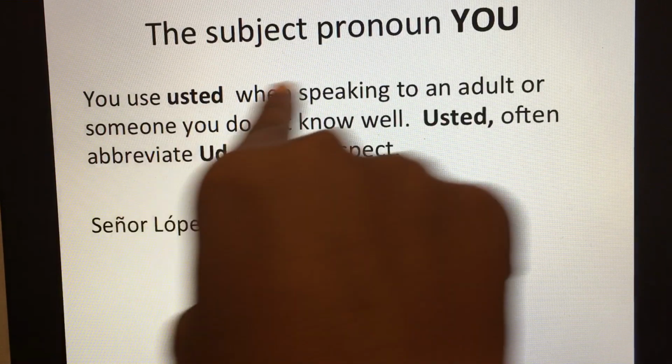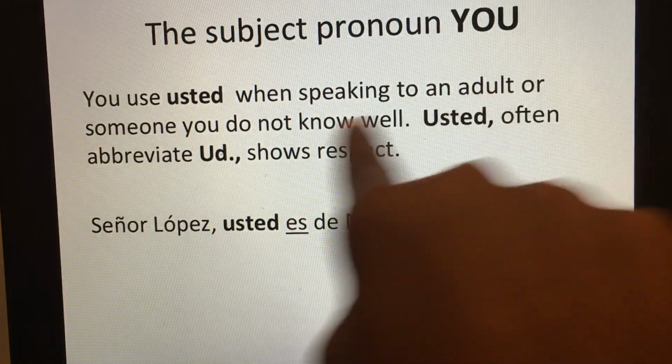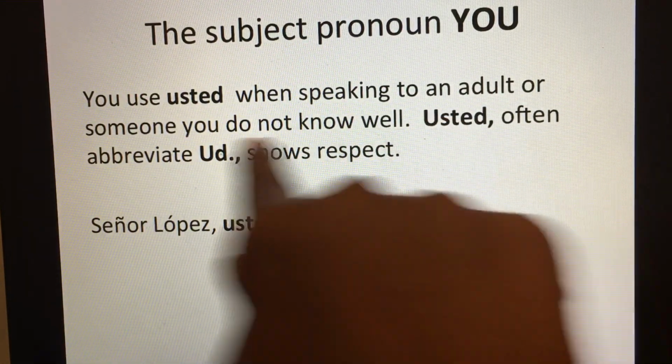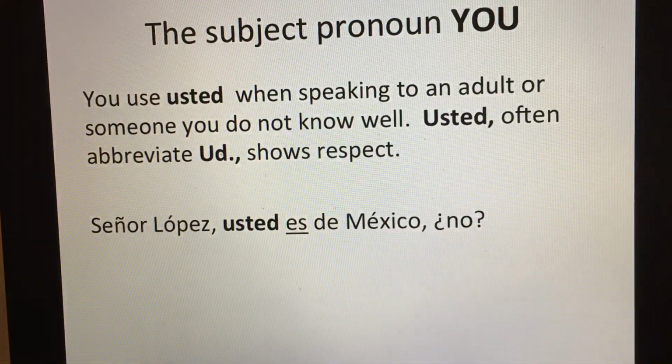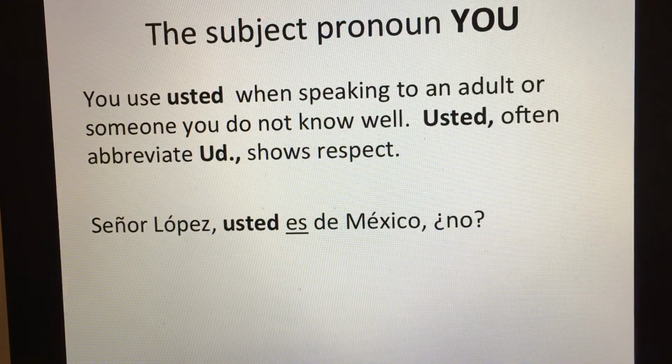Now, usted. You use usted when speaking to an adult or someone you do not know well. Usted, often abbreviated as Ud., you use this to show respect. You see Señor Lopez as you're walking down the street. You're going to ask him the same question. You are from Mexico, right?